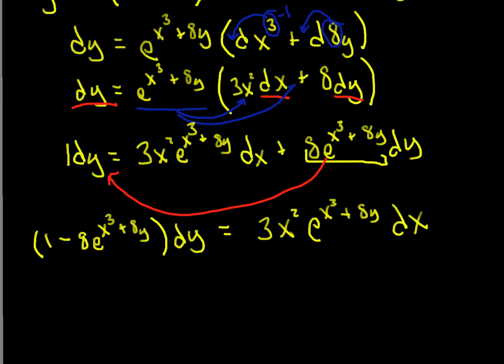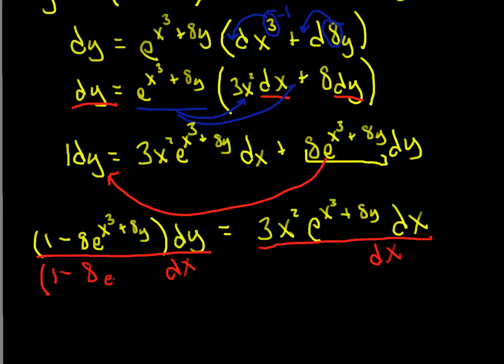And so I'm going to divide both sides by dx. I'm going to divide the right side by dx, which will cancel there. I'll divide the left side by dx, which will get me the expression I want, dy/dx. And then to get rid of this coefficient, I'll divide both sides by 1 minus 8 e to the x cubed plus 8y.